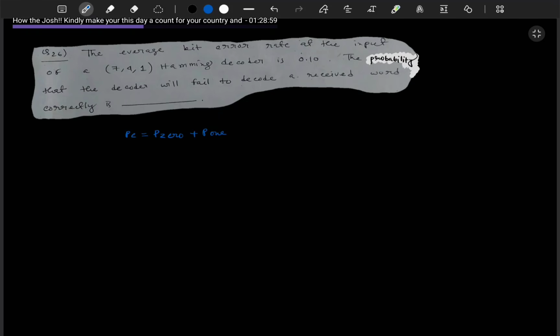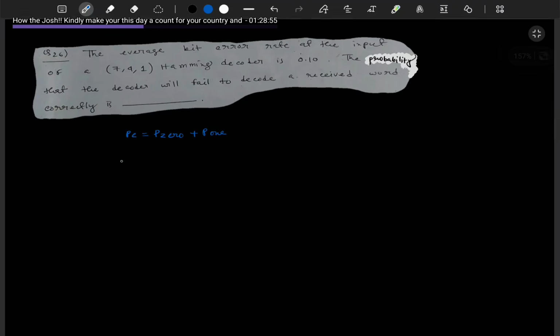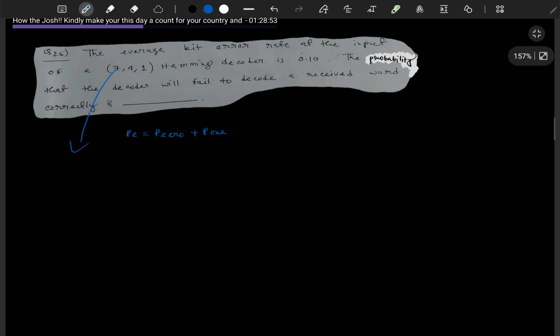Okay, so here 7 is the total number of bits. 4 is the information bits, and 1 is the number of errors it can correct. But there are 4 bits, so 1 bit only we are correcting.